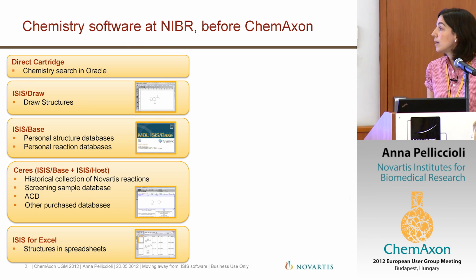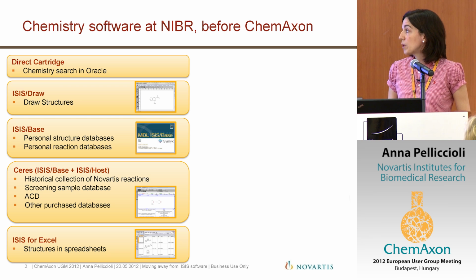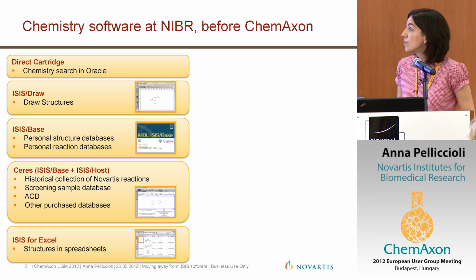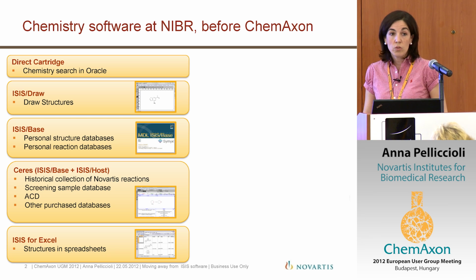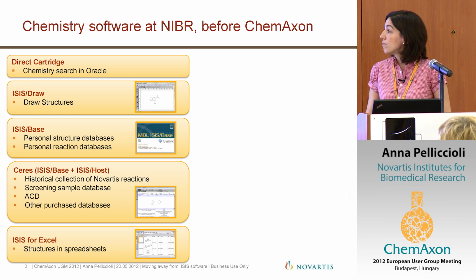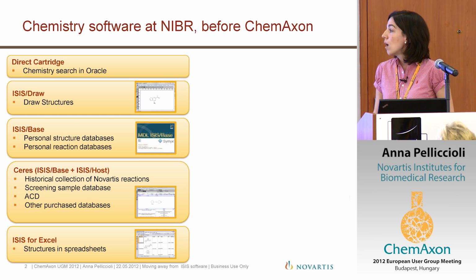When we started with this idea about 1.5 years ago, this is what we were using. We had the direct cartridge to do chemistry searches in Oracle. Then we were using IJC Draw to draw structures, IJC Space for personal structure reaction databases.